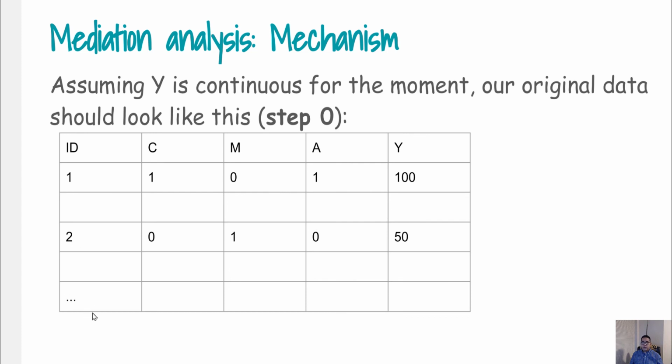There are obviously more persons, but I'm just showing you the first 2 persons' data, where this person was, for example, younger age, this was older age, this was no pain medication, yes pain medication, this was osteoarthritis group, this was the control group, and this was some sort of measurement from the cardiovascular, and this was another measurement from the cardiovascular, which is basically our Y. In our example, cardiovascular event was a binary variable, but for the purposes of illustration, let us just consider this Y as a continuous variable.